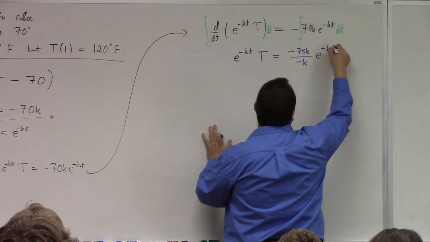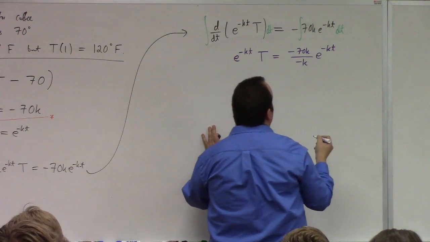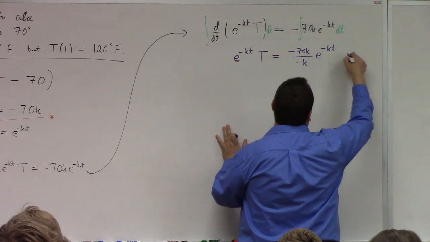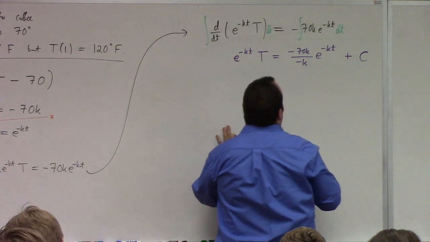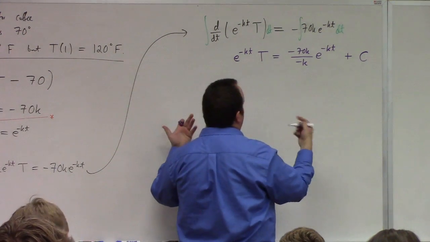Basically I'm making a u equals minus kt substitution. Then plus a constant, right? The k's cancel, the minuses cancel.